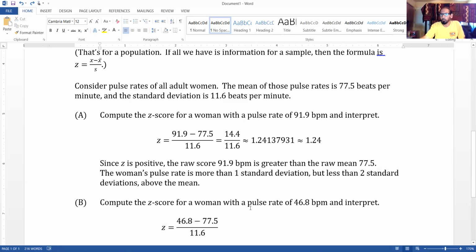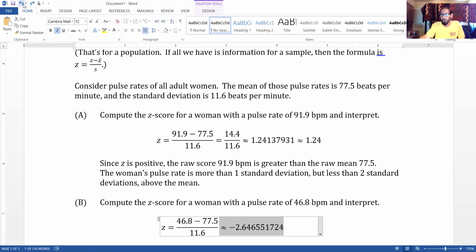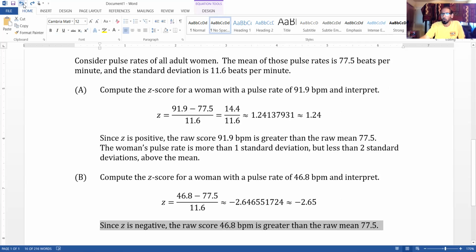Now, for the woman with a pulse rate of 46.8, again, you could just put parentheses around the subtraction in the numerator and then divide by 11.6 all at the same time. And rounding that, she has a z-score of negative 2.65. So because it's negative, her pulse rate was less than the population's pulse rate on average.